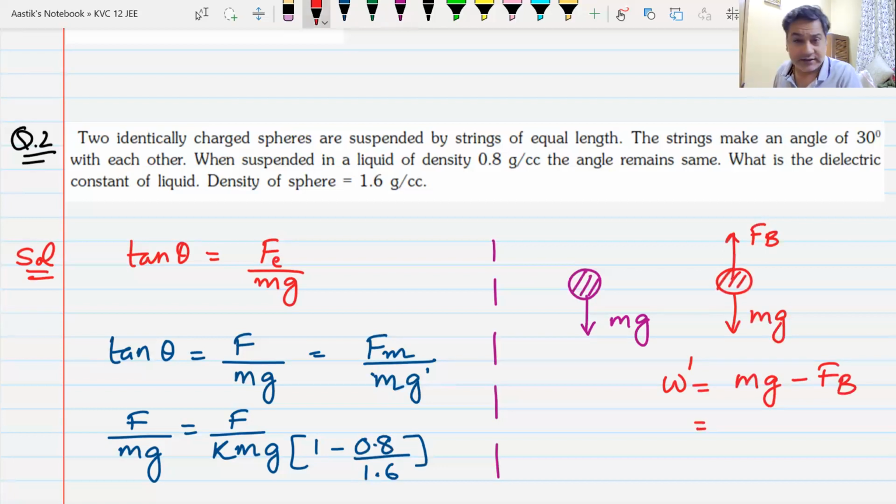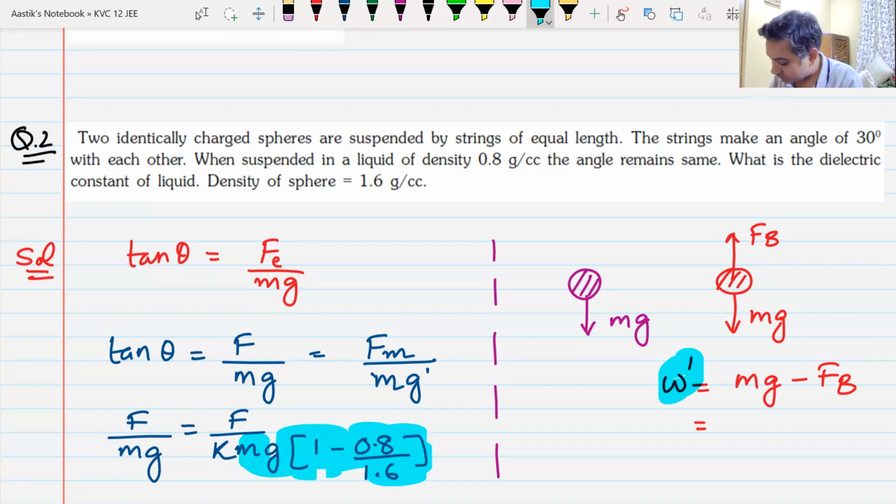And this Fb is the volume of the entire solid into density of liquid into g. Do we understand this? So in the second case, whatever weight we are using is this effective weight. We understand this?